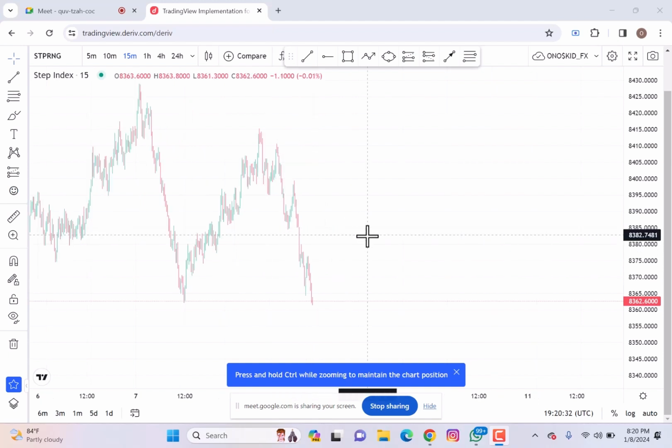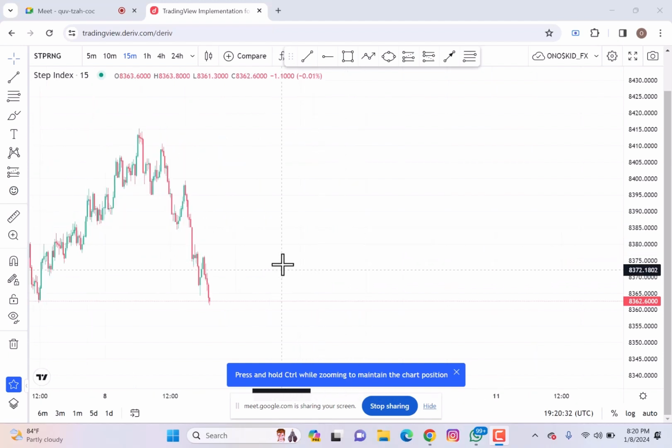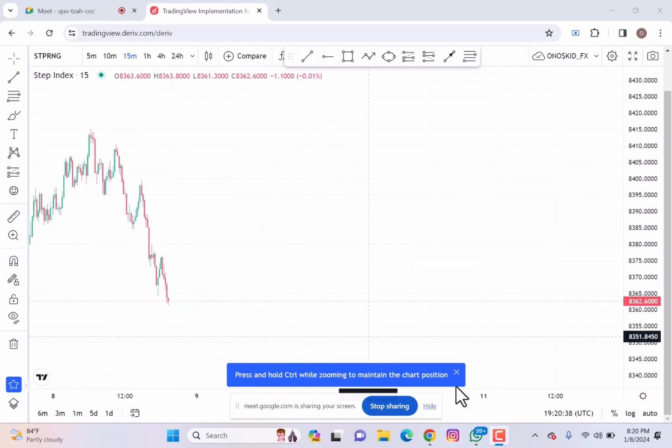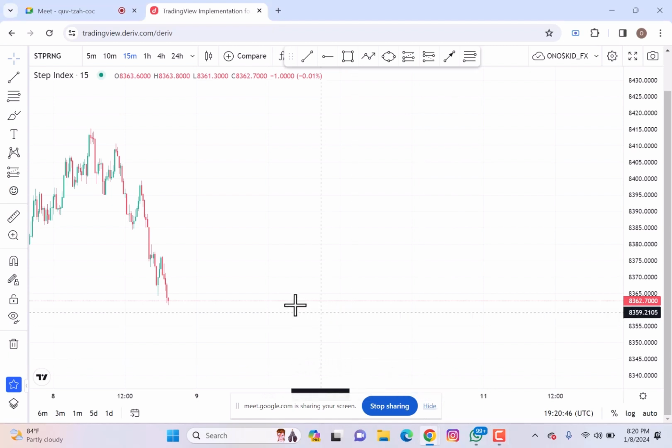Before now, in our last class, we were able to look at the complexity of market structure, and we agreed that when you say a market is bullish, there are some characteristics that you really need to acquaint yourself with: one, the ability of the market to break structure to the upward side, and also the ability of the market to create a series of higher highs and higher lows.